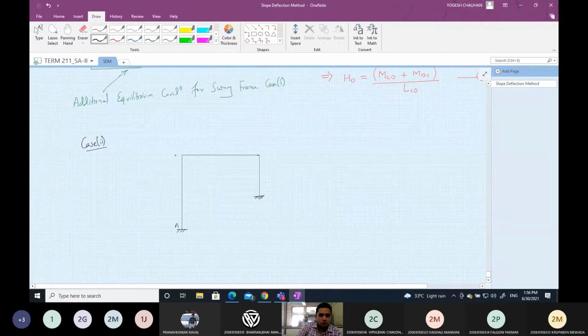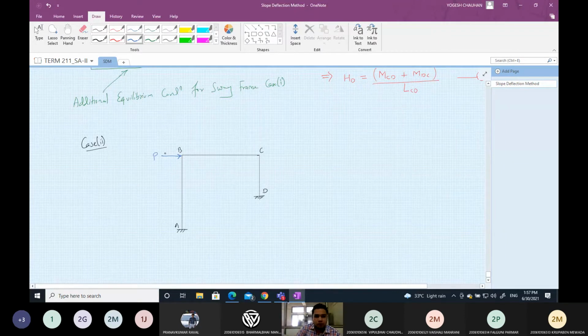Let this be A, B, C and D. Now in this case, let us say we have a horizontal load at B, point load at B. Now because of this horizontal force P, this frame will sway towards the right.